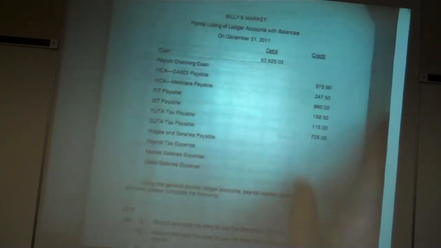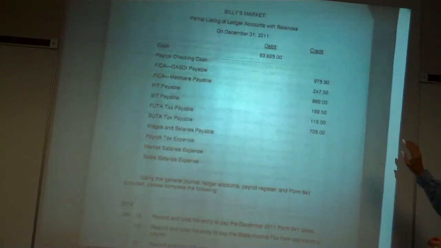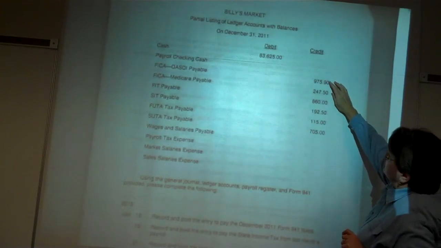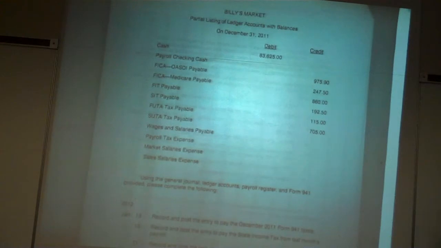We have a partial listing of the ledger with the accounts and balances. Will you look in your ledger to make sure that the FICA payable has this balance, all the way down to the SUTA tax payable, that I already recorded in there?